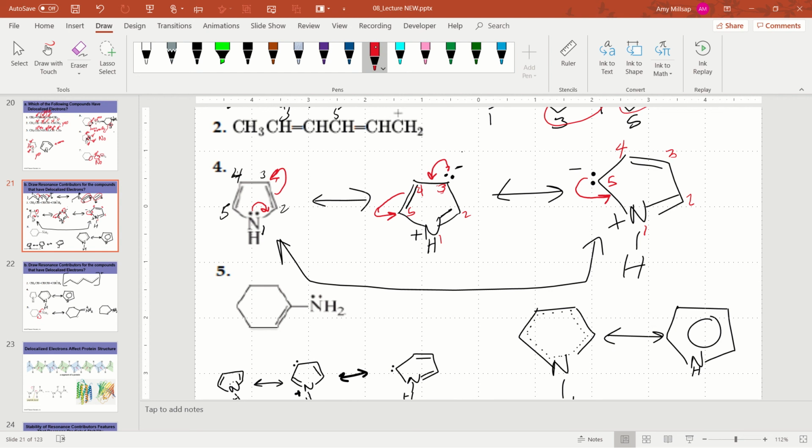And so I'm just going to go ahead and draw that moving to a pi bond between carbon 2 and 3. And then I'll draw the pi bond between 3 and 4, moving to a pi bond between 4 and 5. And when I draw those 3 arrows, that actually takes me back to the original structure.